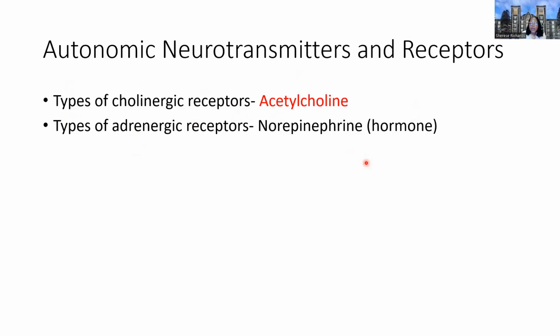So when we think about norepinephrine, we want to think about both as a neurotransmitter and as a hormone, because structurally it's the same chemical, but it has the ability to circulate in the bloodstream as a hormone, or it can cross within a vesicle, right?